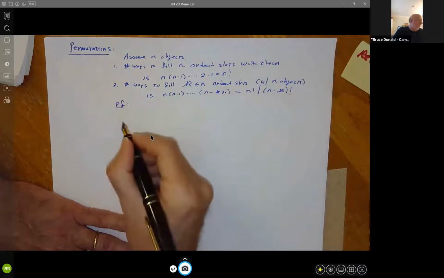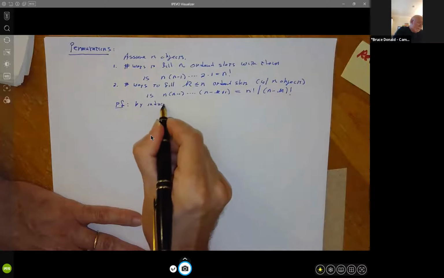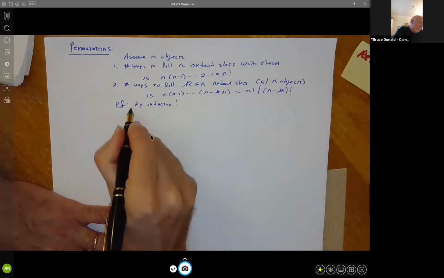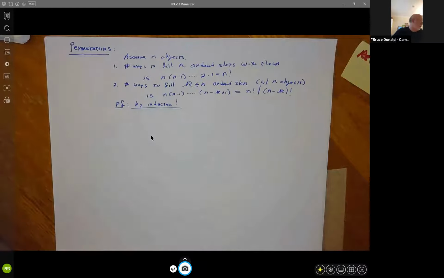Now, how would you prove something like this? By induction. This proof is given in the notes, and it is very similar to the induction proof on midterm 2, although I think the one on midterm 2 was somewhat easier. You should be able to do this, so take a look, but we're going to use these formulas now.